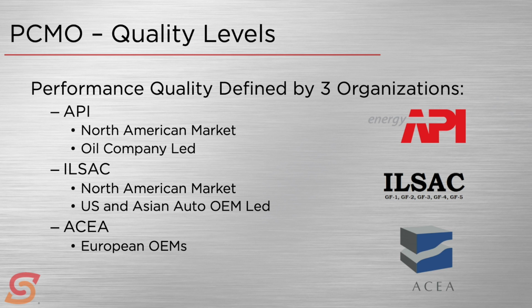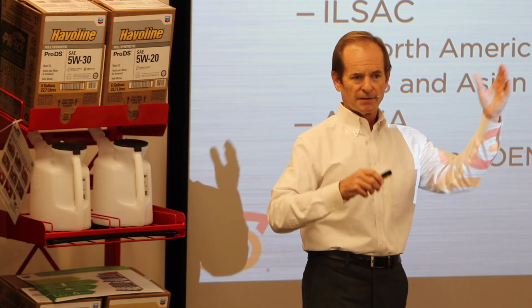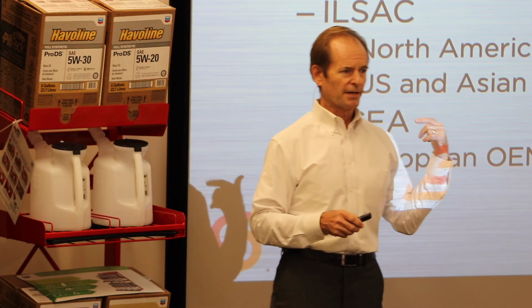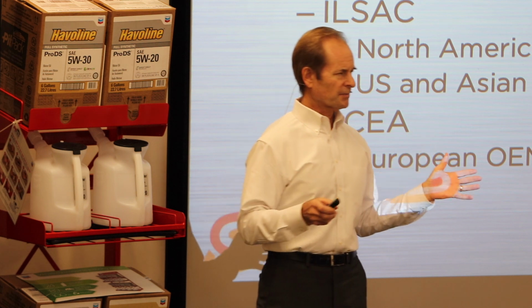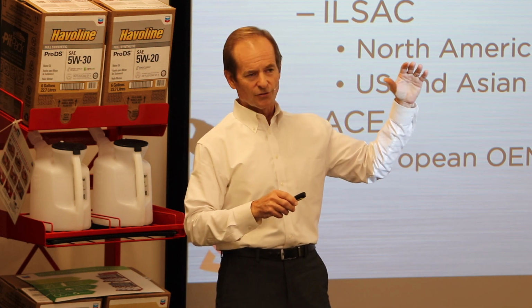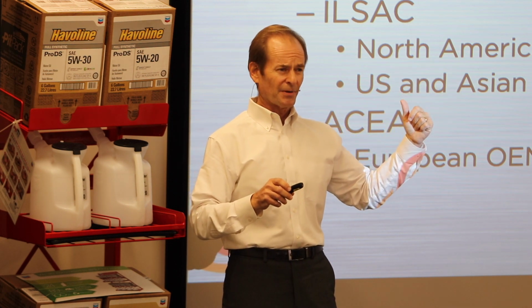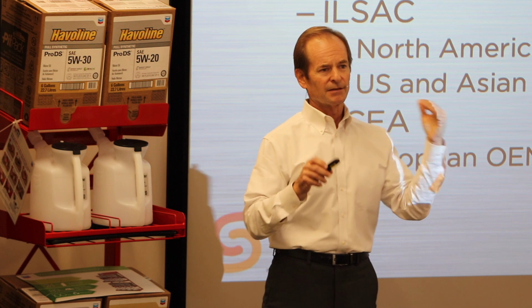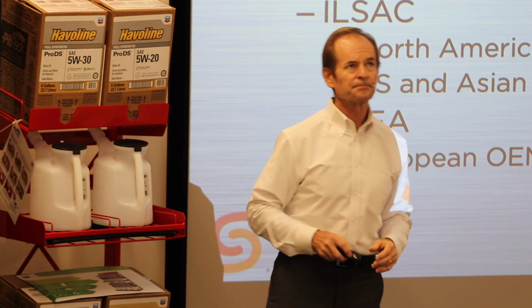So if you go through the manual of your Mercedes-Benz or something like that, there'll be an ACEA requirement in one of their listings. I have a slide on what their products are, but I'm not going to spend a whole lot of time talking about the European ones. They have their own levels that somewhat parallel, but not exactly, what's being done in North America.